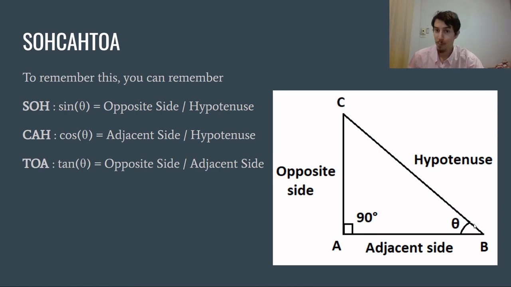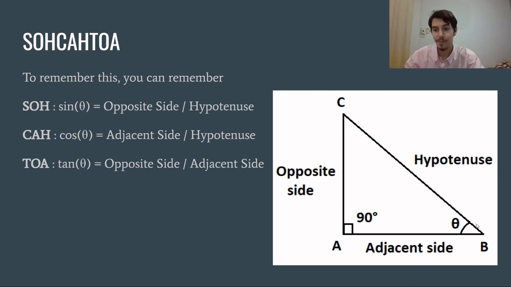So the sine and the cosine cannot be more than 1 actually, but I will explain that later. The ratio could be like 0.5. If it's 0.5 or 1 over 2, it means that the hypotenuse is 2 times longer than the opposite side. That's how we will use the ratios.